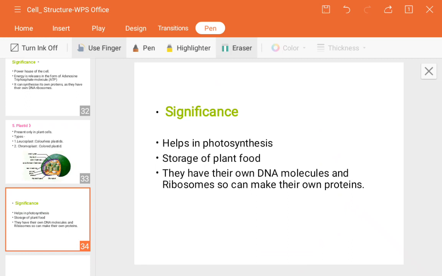They also have their own DNA and ribosomes. As in the mitochondria, the chloroplast has its own ribosomes and DNA molecules to produce its own DNA and protein molecules, so it can make its own protein.